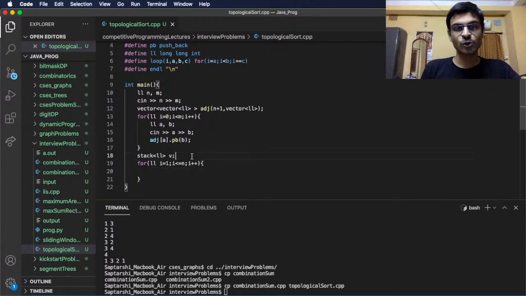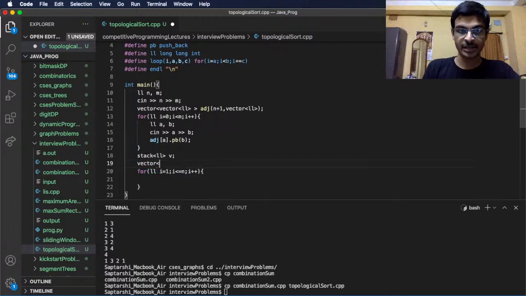And what else shall we do? We'll have some vector of visited, as we usually have in any DFS question. vector visited of n plus 1, and we'll have false, meaning they have not been visited. So I think we can have 0 over here. Yeah, we can have 0. Now we will see if it has not been visited.